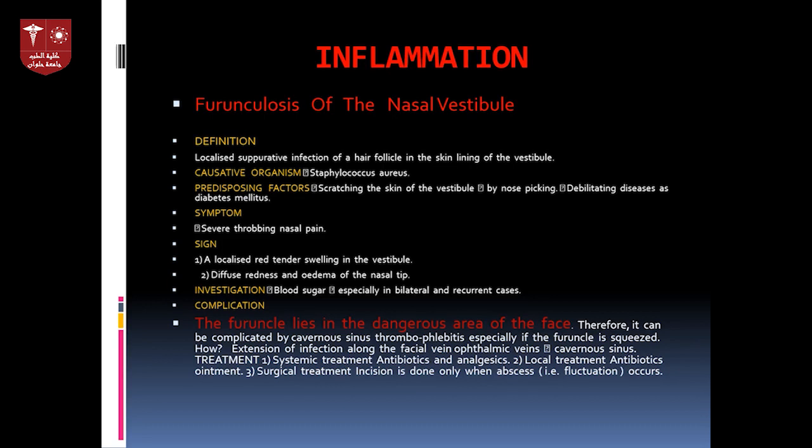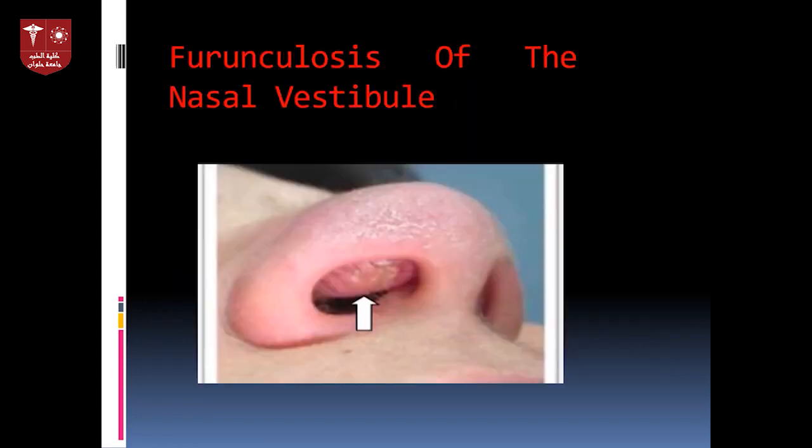By systemic antibiotics and analgesics, local treatment with antibiotic ointments, and surgical drainage is done only if it forms an abscess, i.e. fluctuation occurs. Here is a photo of a furunculosis. You can see it in the vestibule. It's like a swelling.